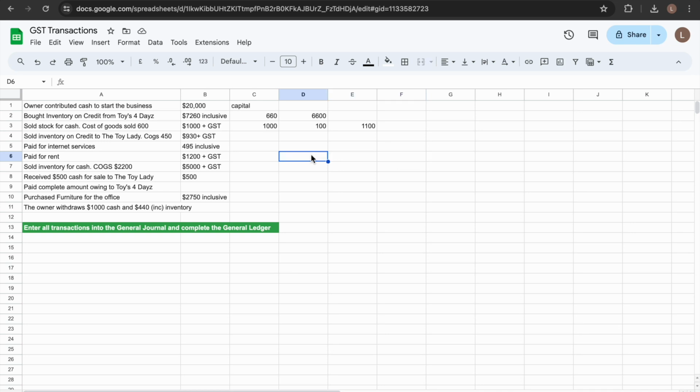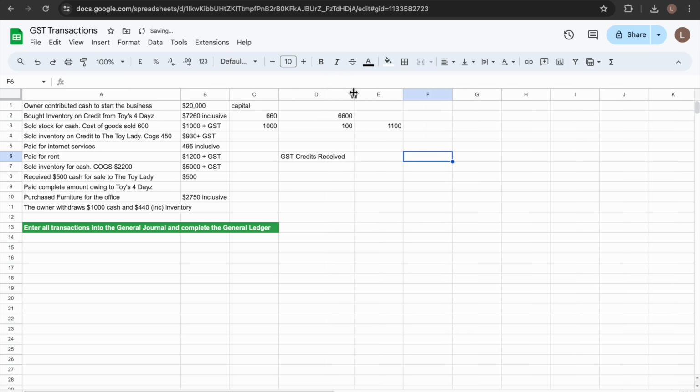There are two types of GST: GST credits received, and GST collected. It's really important that you understand the difference. One you will accrue from purchasing goods and services.